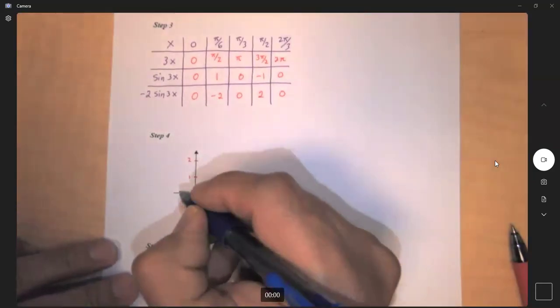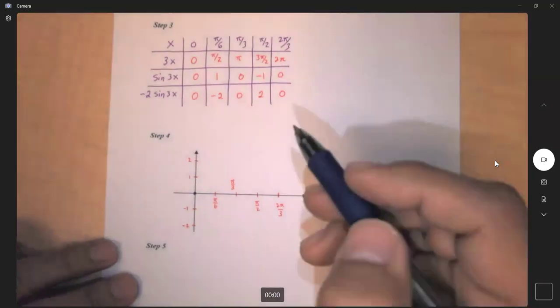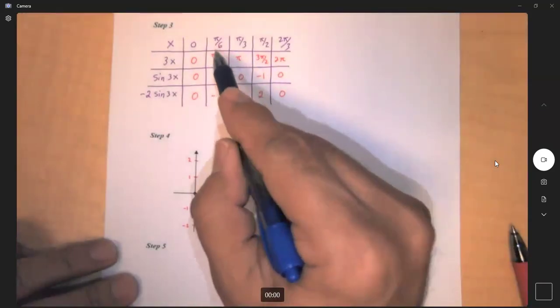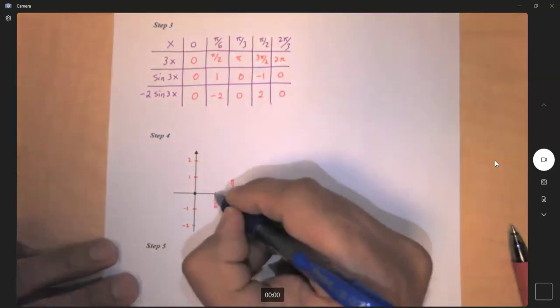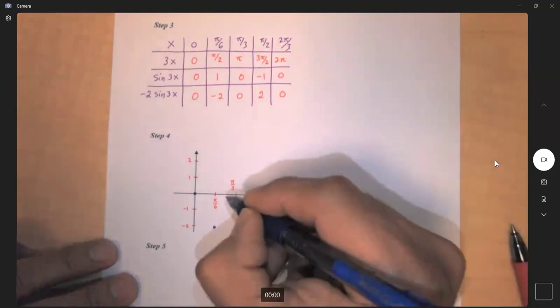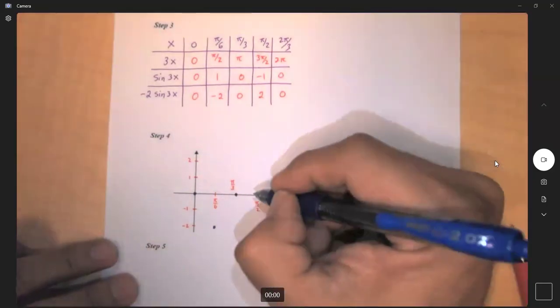And that's what I'm going to use to plot this here. So 0, 0. And then pi over 6, -2. So at pi over 6, I'm at -2. And then pi thirds, 0. Pi halves, +2.